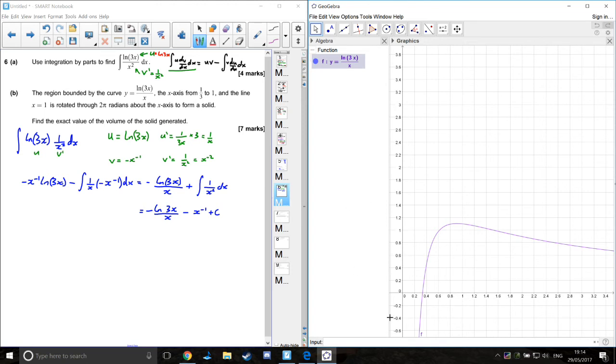So let's just put in x equals 1. And let's put in x equals a third. Oh, would you look at that? So this part here is going to be rotated around the x-axis.